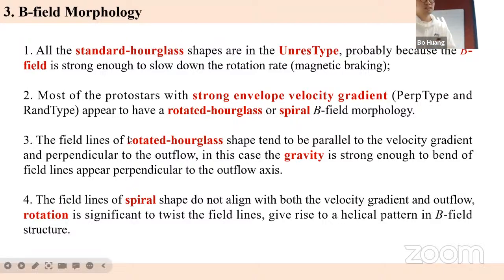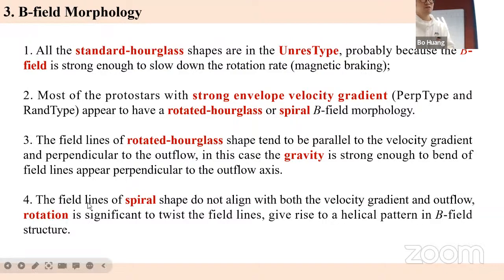For the rotated hourglass morphology, the magnetic field is parallel to the velocity gradient and perpendicular to the outflow. So in this case the gravity is strong, because the velocity gradient almost indicates the collapsing direction. So the gravity is strong enough to bend the field lines to appear perpendicular to the outflow axis.